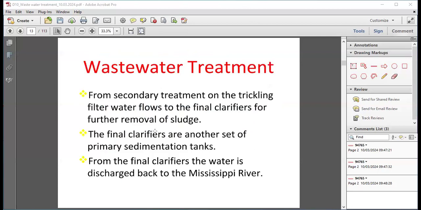So in wastewater treatment, from secondary treatment on the trickling filter, water flows to the final clarifiers for further removal of sludge. The final clarifiers are another set of sedimentation tanks. From the final clarifiers, the water is discharged back to one of the rivers, the Mississippi River in the US, right?